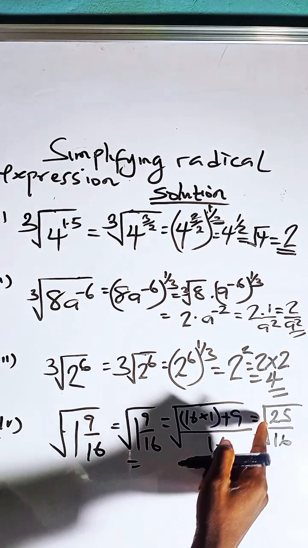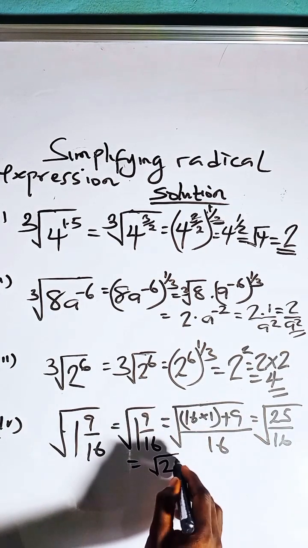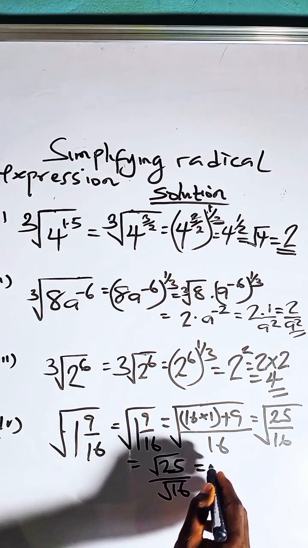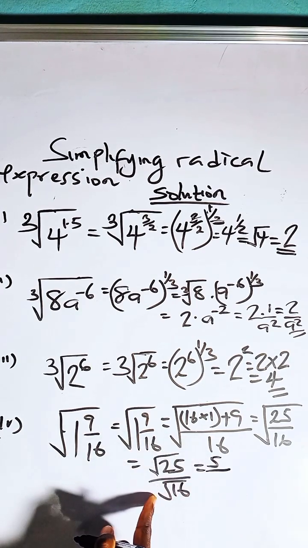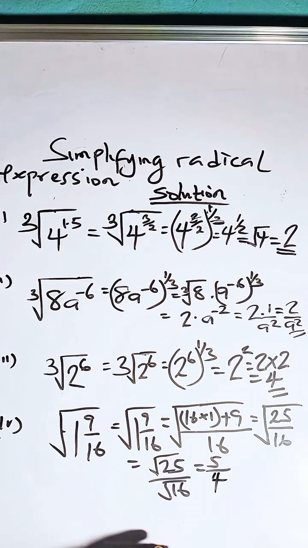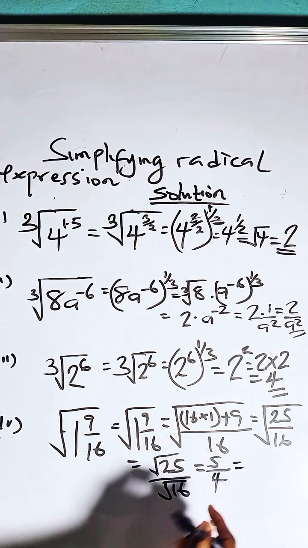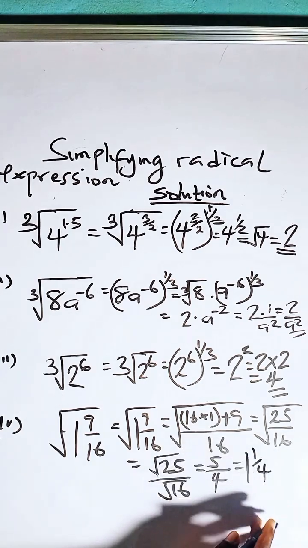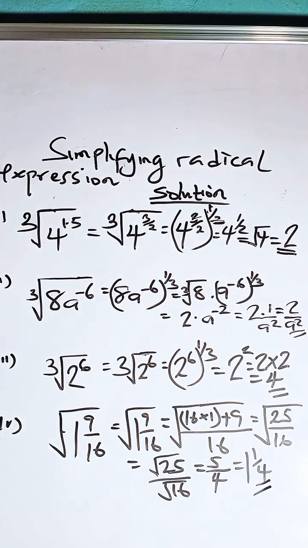So we have the square root of 25 over the square root of 16. The square root of 25 is 5, the square root of 16 is 4, so we can have it as a mixed number, which is one whole number 1 over 4. Thank you very much.